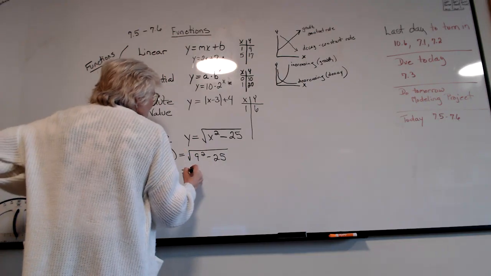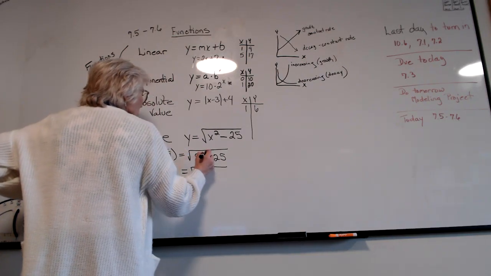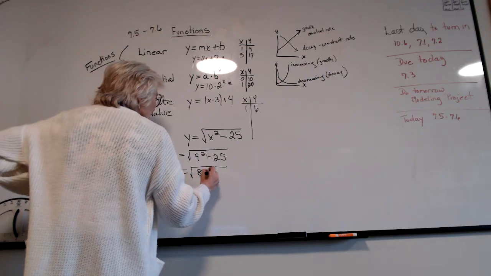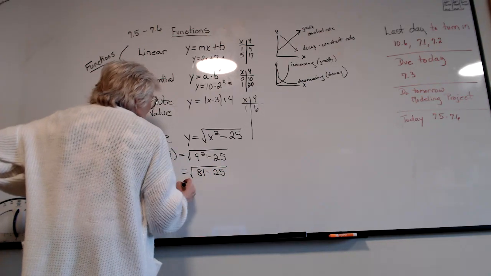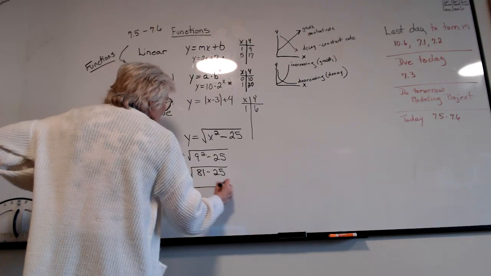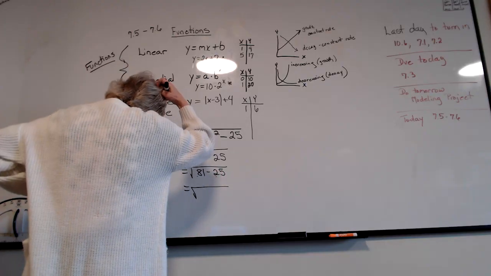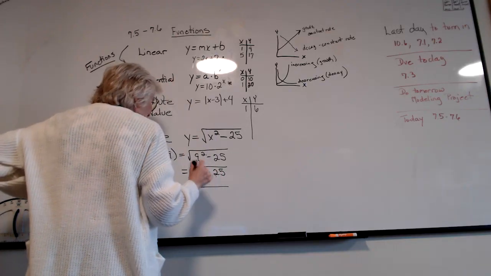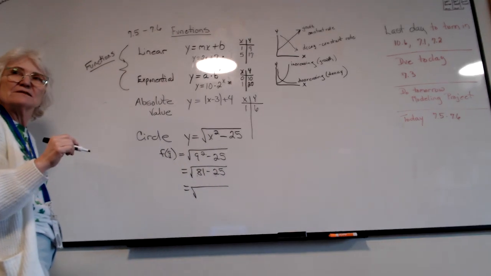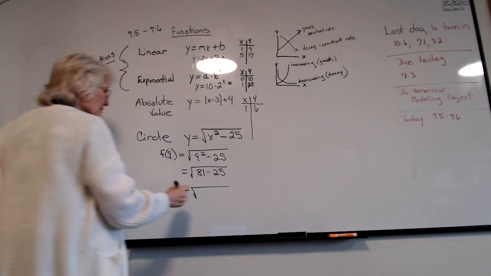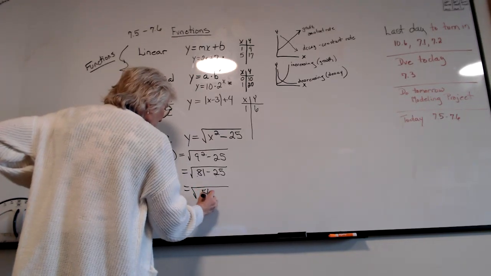Okay, 9 squared is going to be 81 minus 25. The square root of this, which is 56, is that right? Did I do it right? Square root of 56?